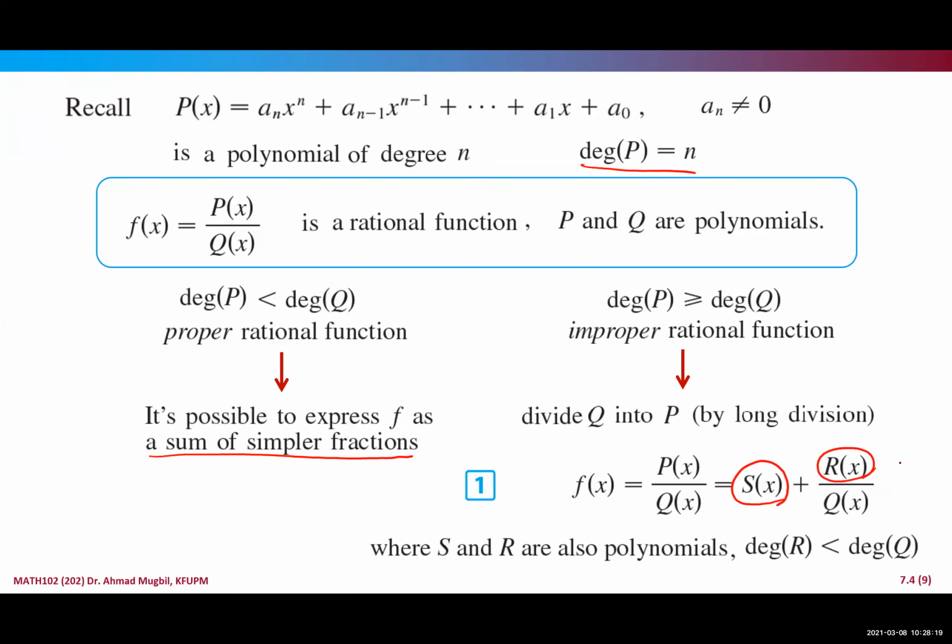Again, the degree of r, the remainder, must be less than the degree of the divisor. It is then possible to express it as a sum of partial fractions.